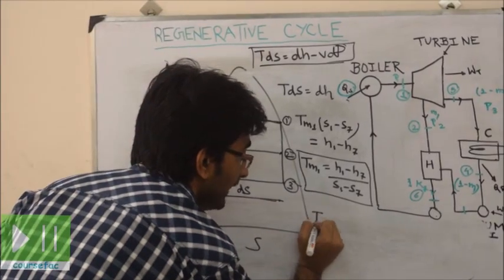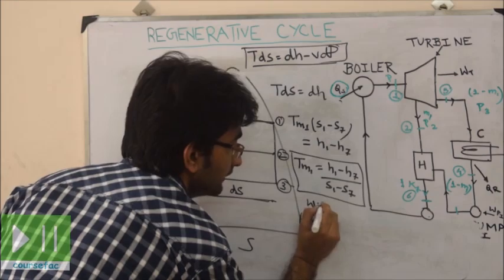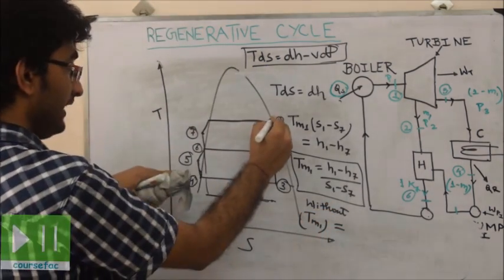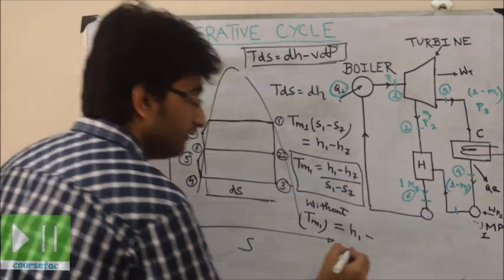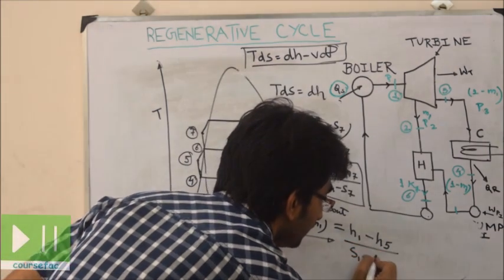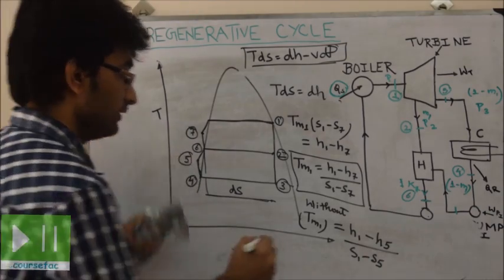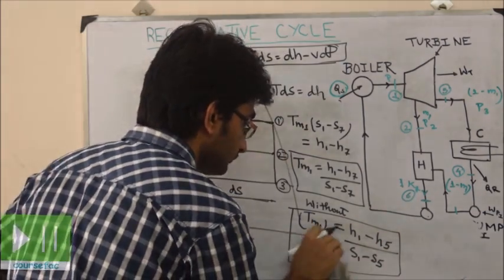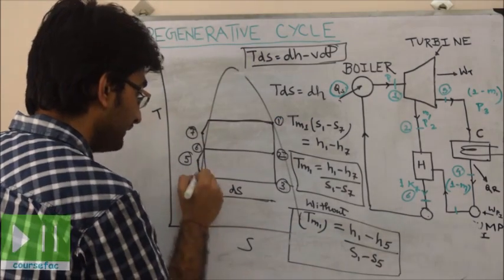Now, Tm1 without regeneration is equal to H1 minus H5 by S1 minus S5. This is for without regeneration.